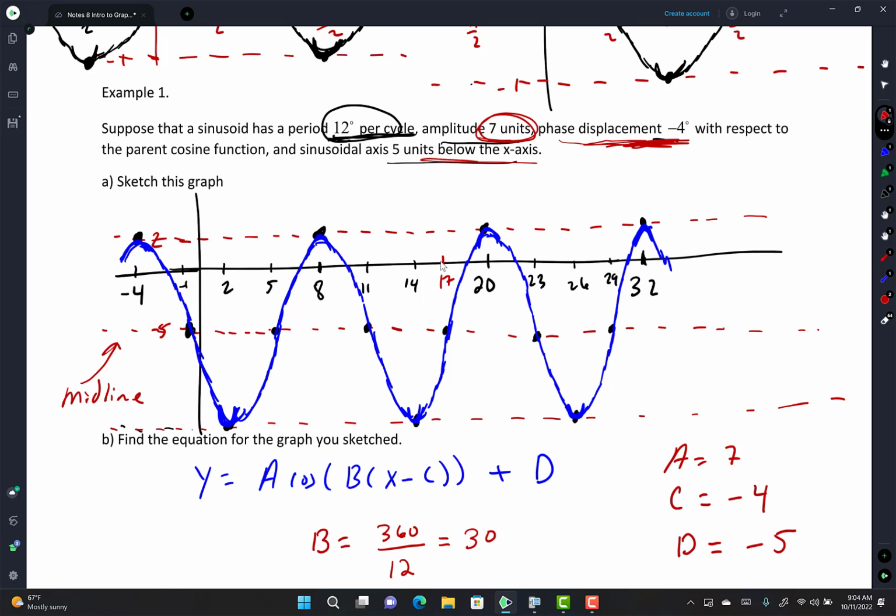Good? Yeah, plot one on. Yeah, sure. All right.